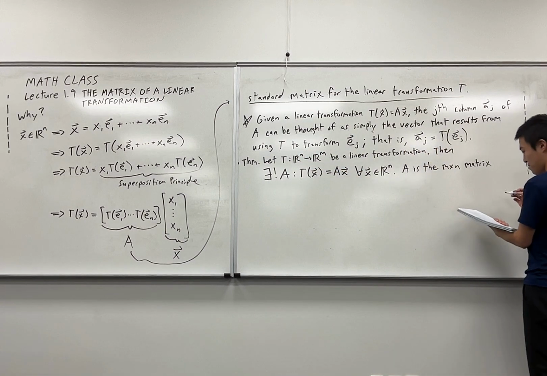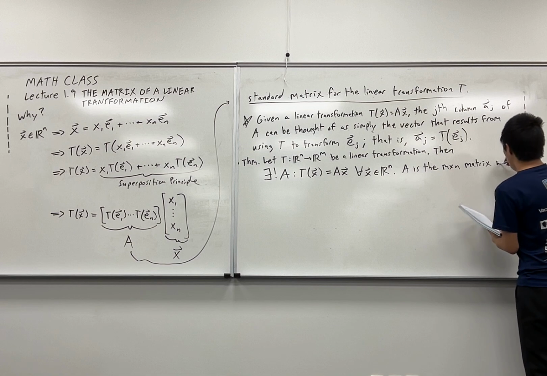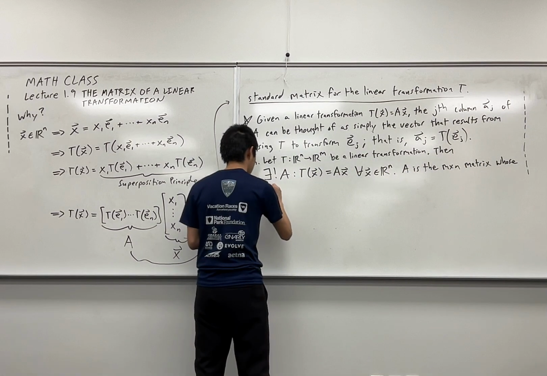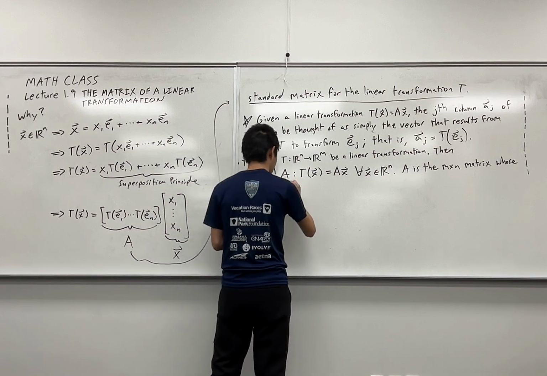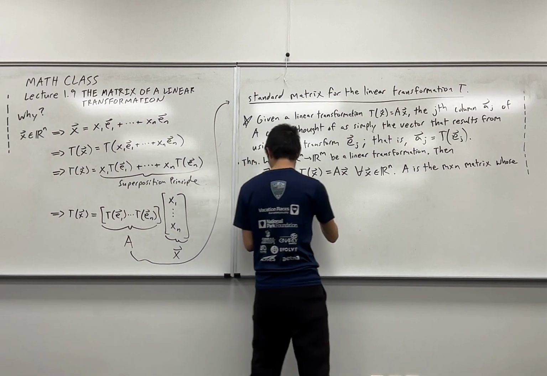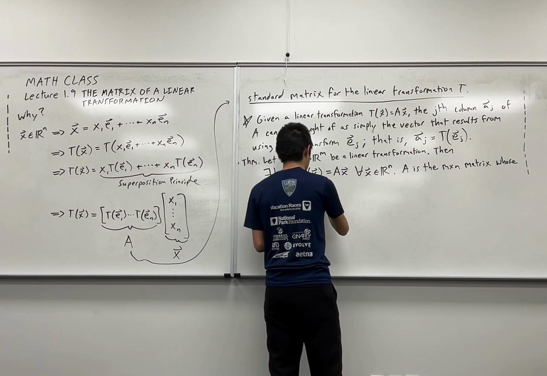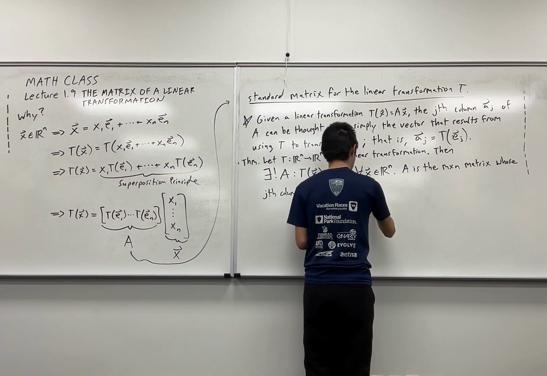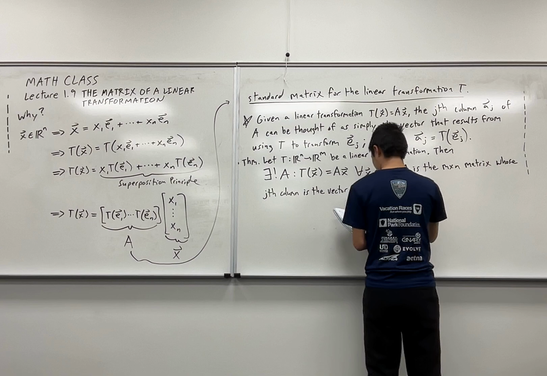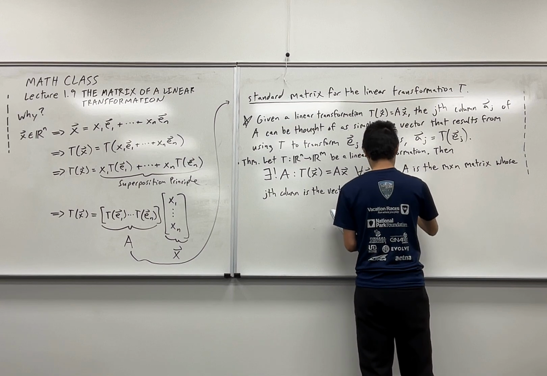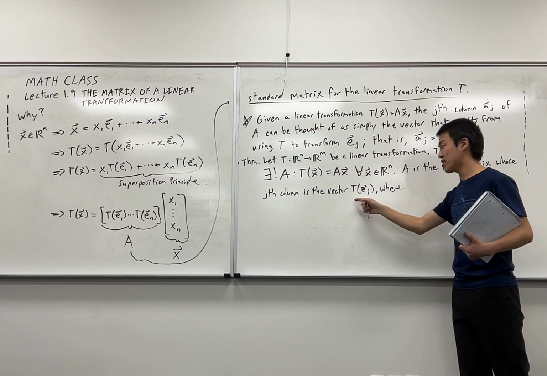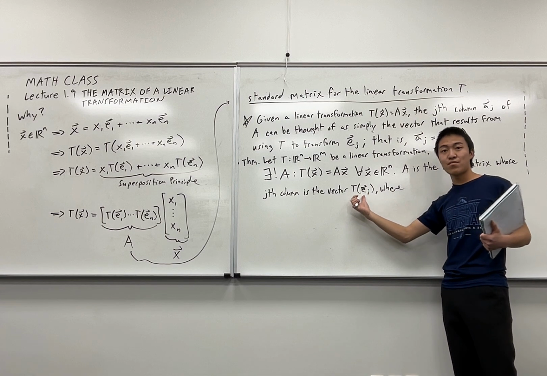A is the m by n matrix whose jth column is the vector T of E sub j, where, and now I think Denzel asked earlier, can I have a more concrete definition of what I mean by this E?